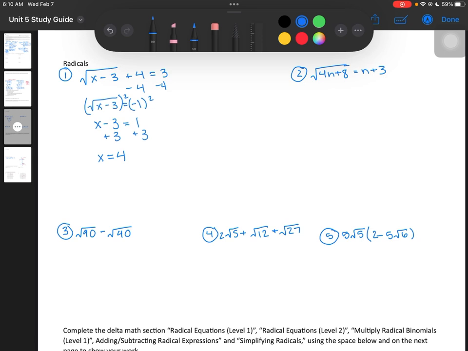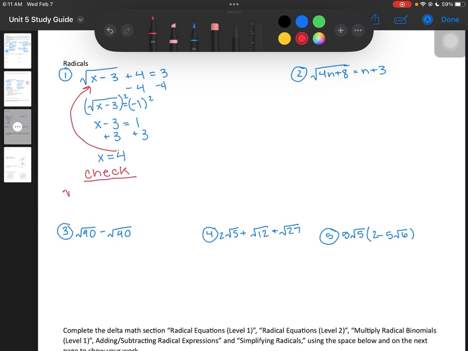One thing we always want to do with radical problems is we want to check and make sure that we have a solution that works. So I'm going to write my check stage here. And that means that we're plugging 4 back into the x of the original problem, and we're going to simplify to see if we get the same number on both sides.